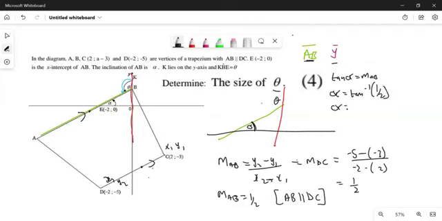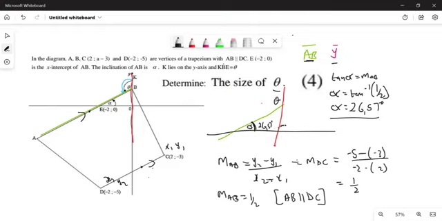If you type tan inverse of 1 all over 2 in your calculator, it's 26,57 degrees. So we'll write it here: 26,57.